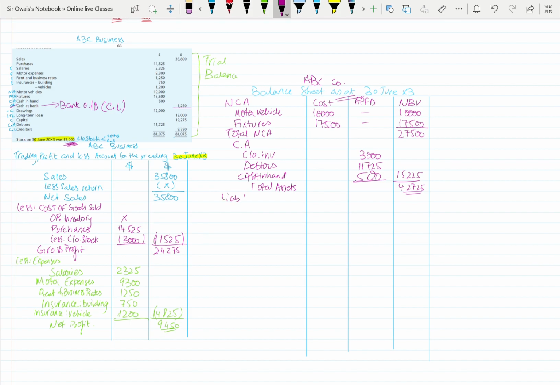Then comes the liability and capital portion. In the liability and capital portion, first we will write the liability. That is this loan, 15,000, and then the current liability. In the current liability section, we will write bank overdraft. That is 1,250. Then we have creditors. Creditors are 9,750. Let's see if we have another current liability here.